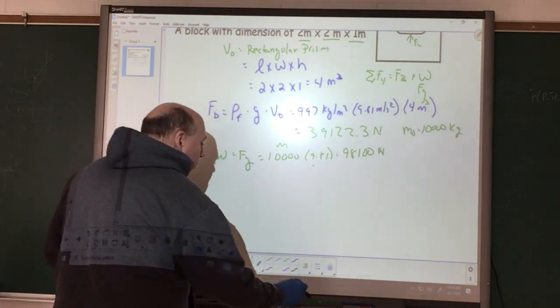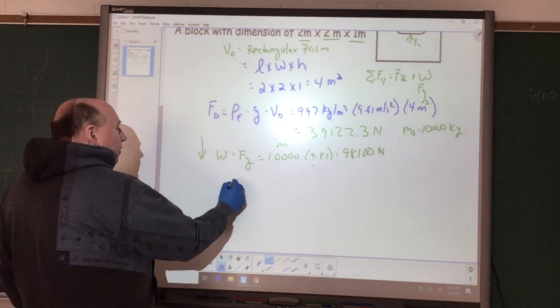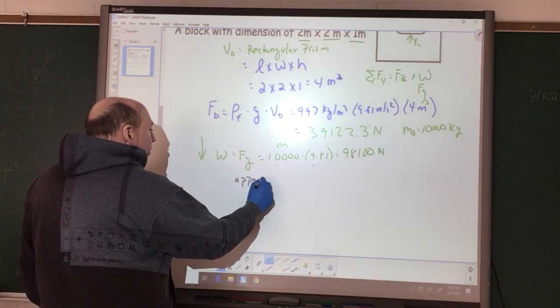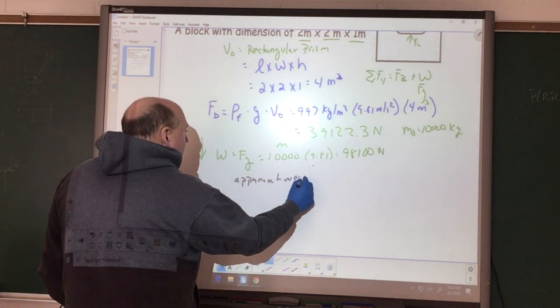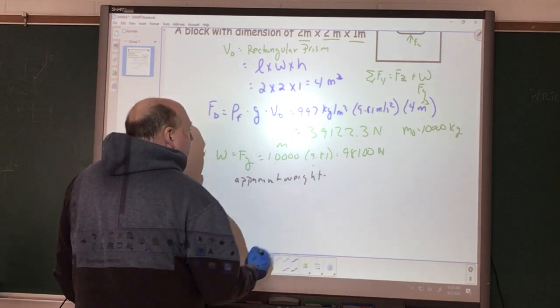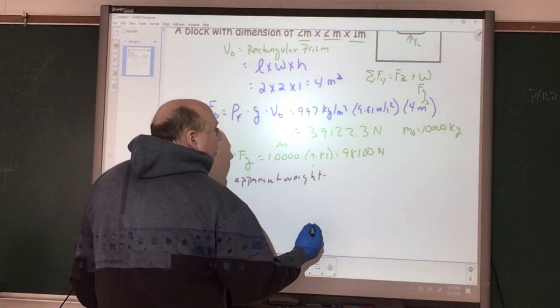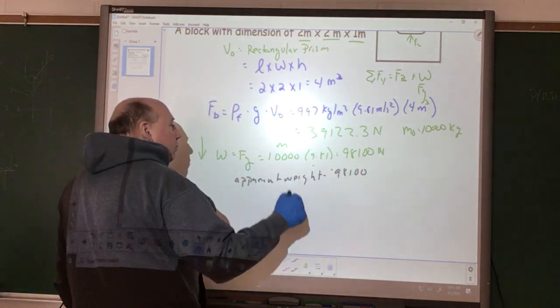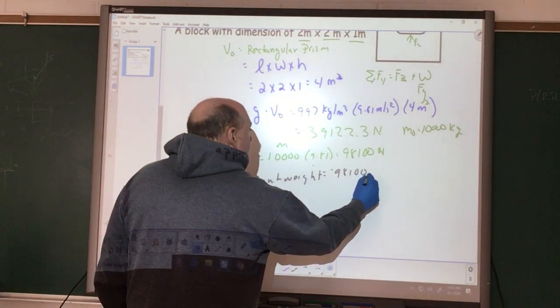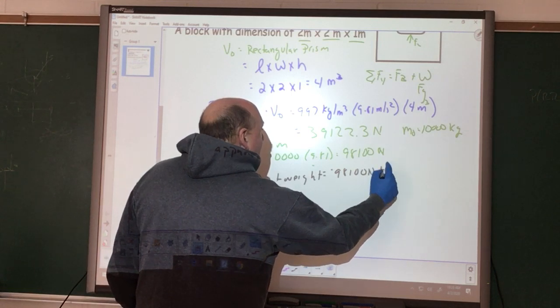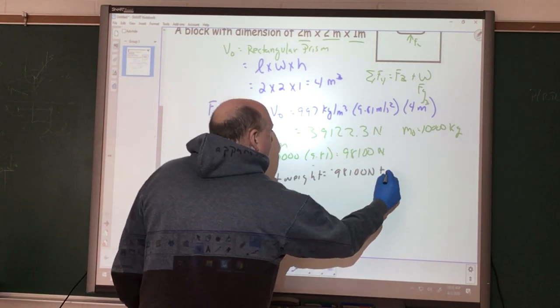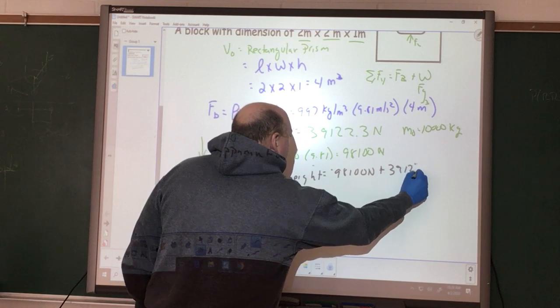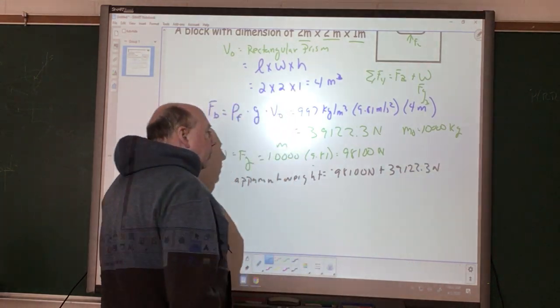So our apparent weight is equal to, well, I have 98,100 negative pushing downwards. We have our buoyant force, which is pushing upwards, 39,122.3 newtons.